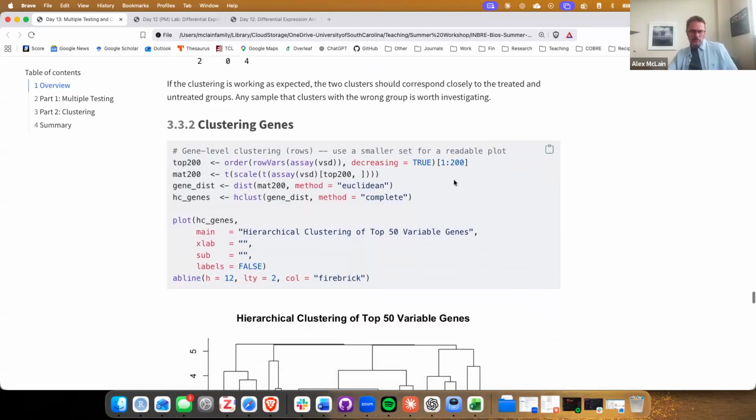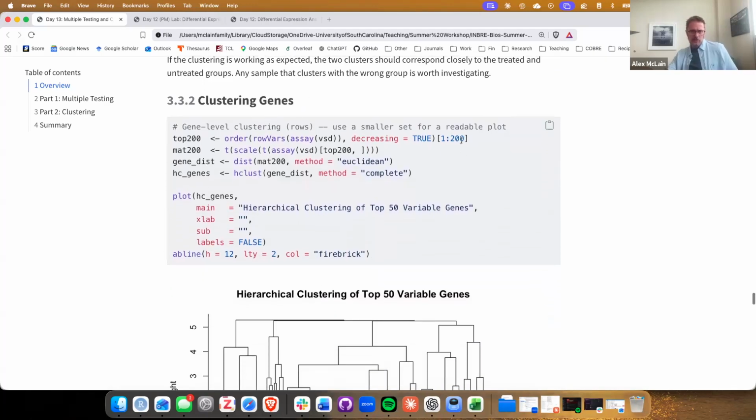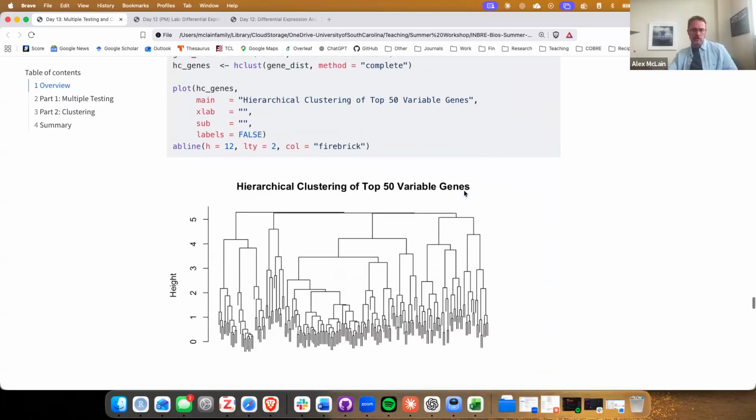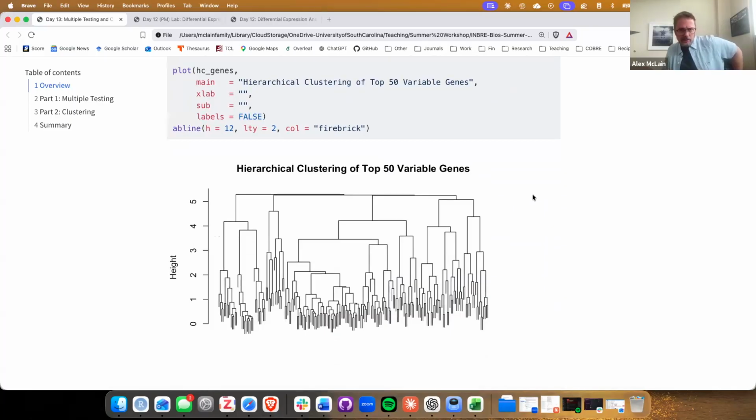Here, I did end up using 200. I was going to use just 50 for this one, but I used 200. So when you get large numbers, things get pretty wild.